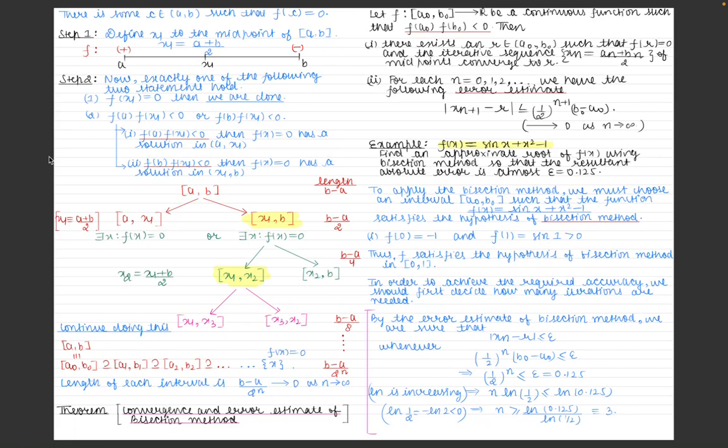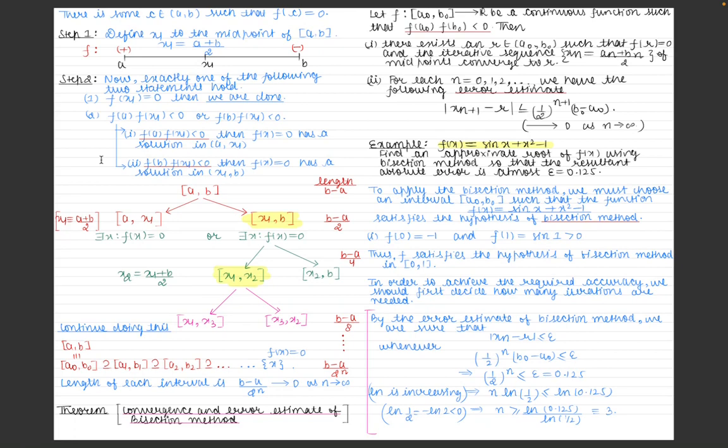Then you again split it into half. At this stage the length was b minus a by 4. So then you will have x1, x3, something like this. I'm just writing it roughly so as to make you understand what is happening. Then x3 to x2.